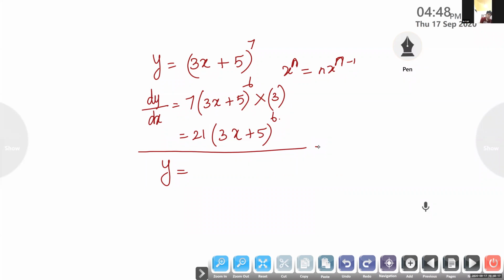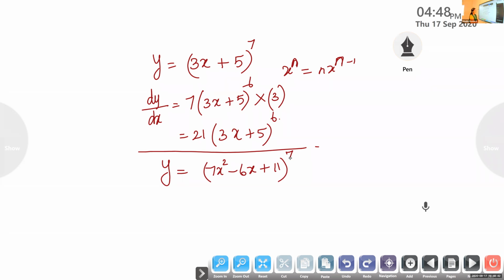Y is equal to 7x square minus 6x plus 11 whole raised to 7. All of you switch on your video.